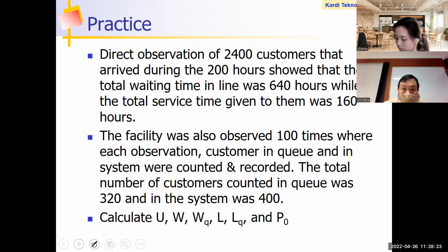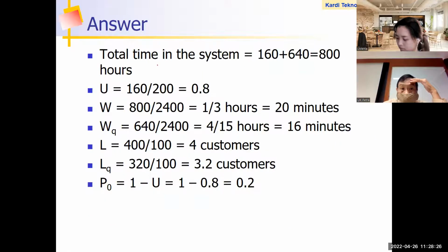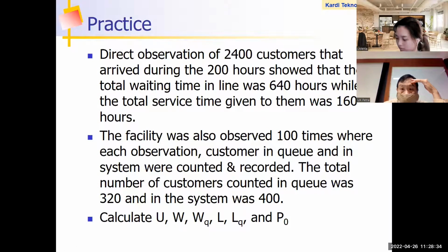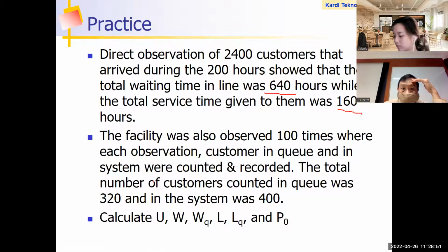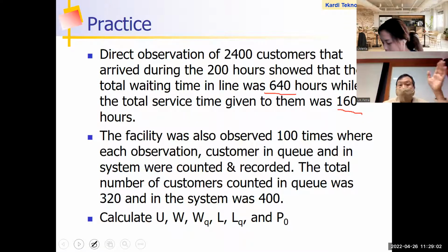So this is what you know. The total time in the system is 160 plus 640. This is the service time, right? And this is the total waiting time. That means the total is 800. So U is 160 divided by 200. 160 is the total service time, 200 is the total observation time.